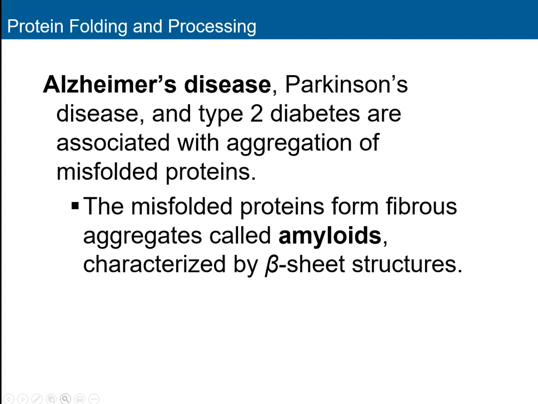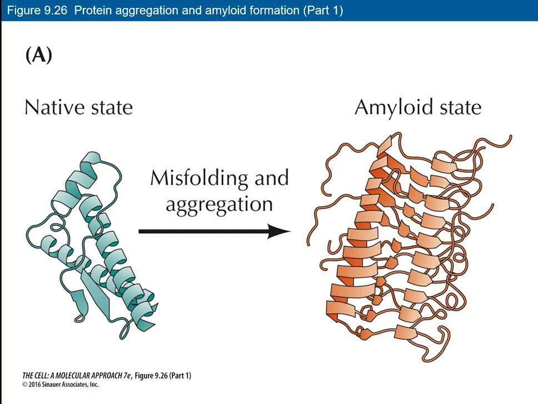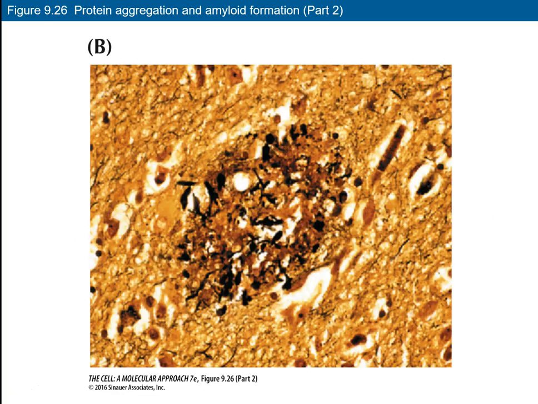And so what happens to those misfolded proteins, they'll form aggregates called amyloids, and they're characterized by these beta sheet structures. Here you can see this amyloid state of these proteins because they're misfolded and then they aggregate together like I talked to you about. And actually, you can see these amyloid beta plaques in Alzheimer's disease.